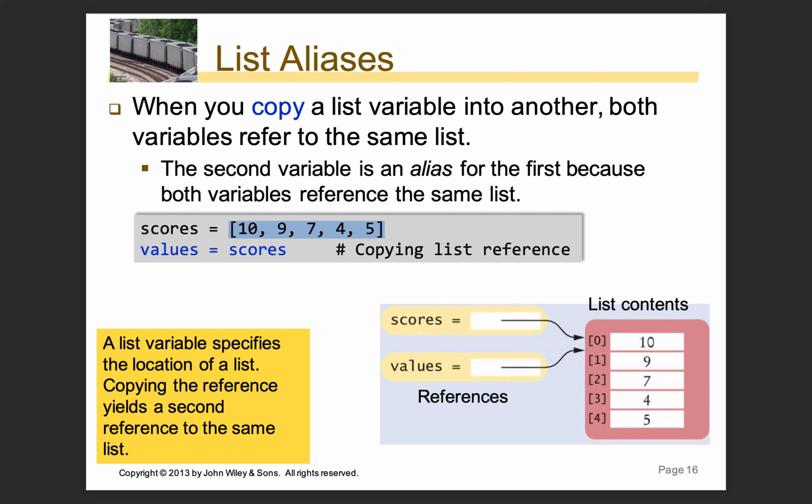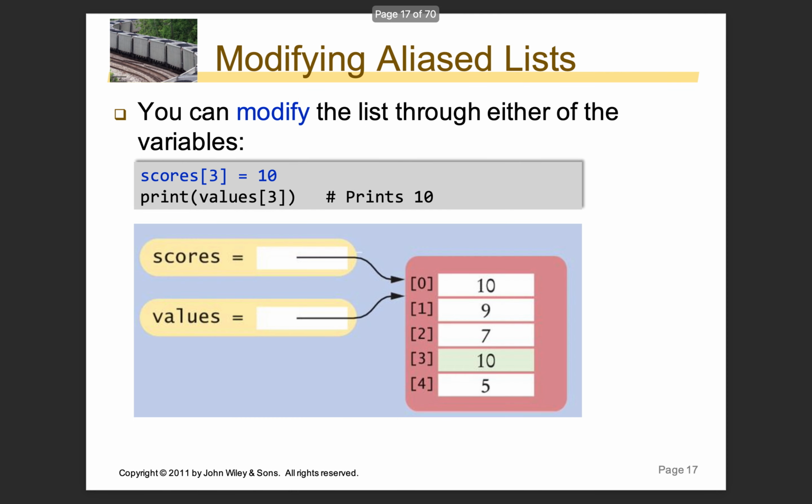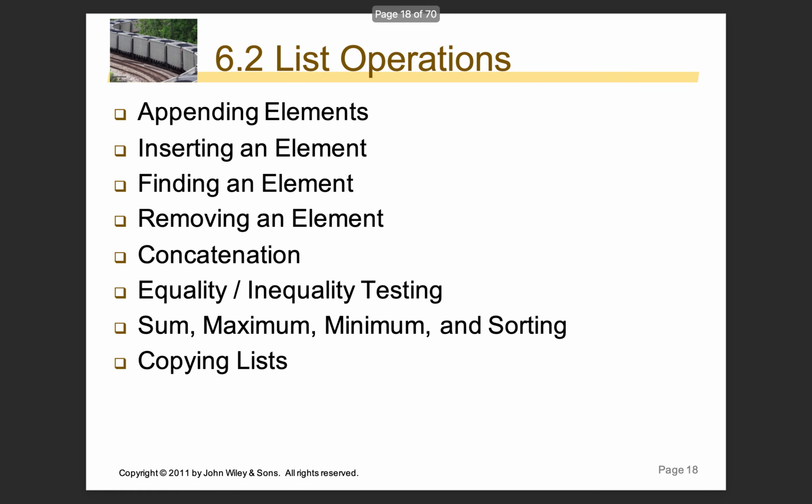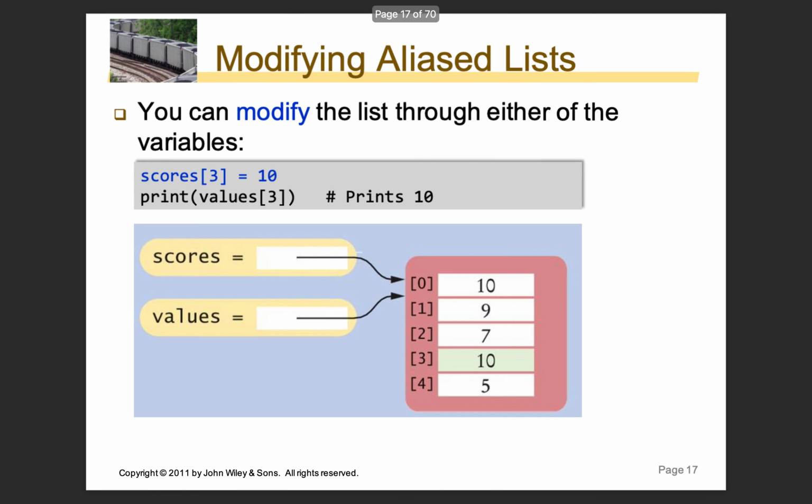So if you change the original list, because both of the variables are referencing the same list, you will change what happens when you call either variable. Okay. That was quite confusing. I would definitely suggest pausing the video and going through that, because this works differently to how we've looked at all other variables so far.